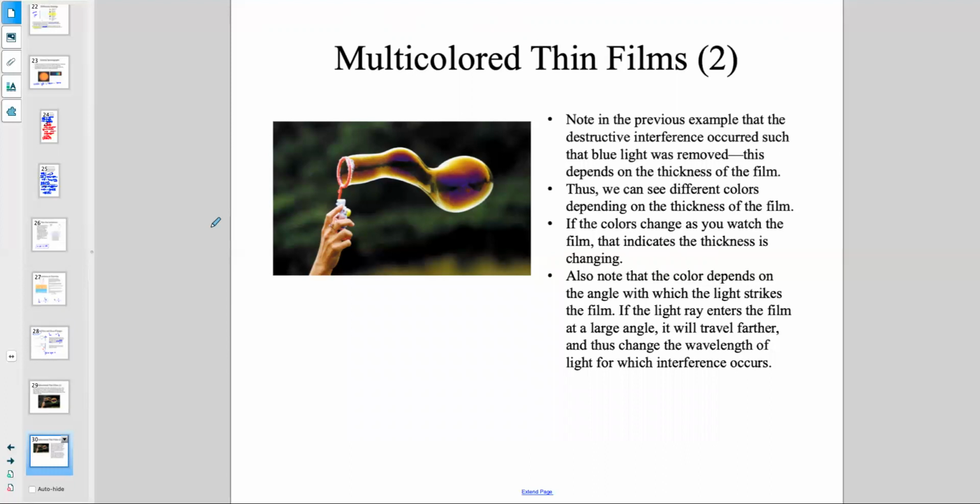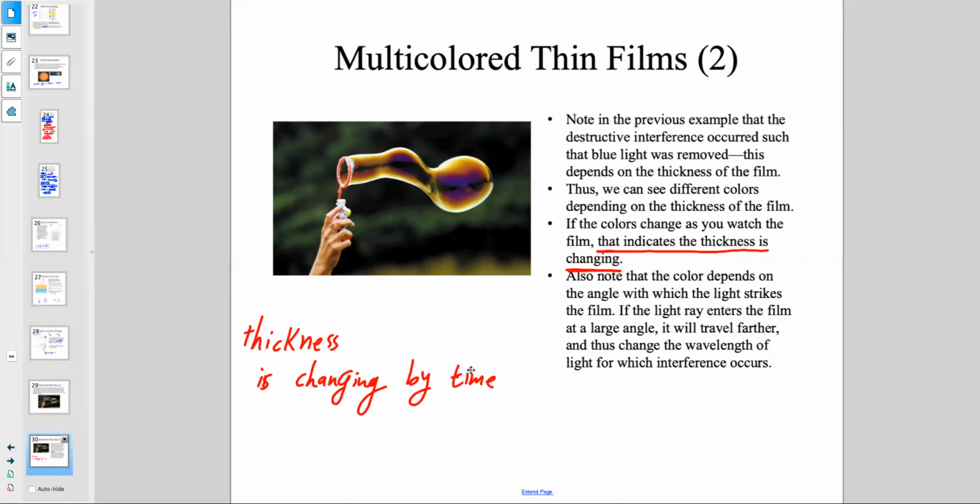If the colors change as you're watching the film, that indicates the thickness is changing with time, and that's what the answer was.